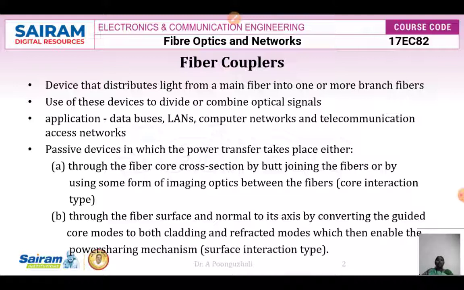This gives the power sharing mechanism, that is the surface interaction type. In the surface interaction type, the guided modes travel from the core to the cladding surface, and whatever modes are there in the cladding surface are called refracted modes, and they enable the power sharing mechanism. That type is called a surface interaction type.